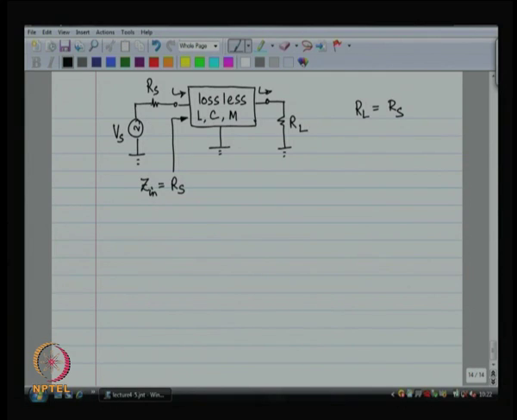So, I still get maximum power transfer from the source to the load. The design of these lossless networks is called matching. This network is called a matching network.